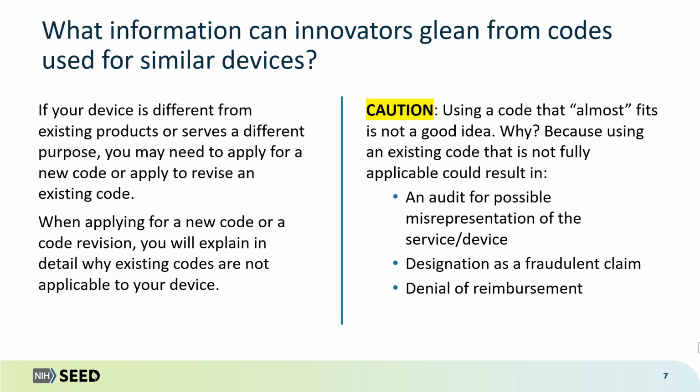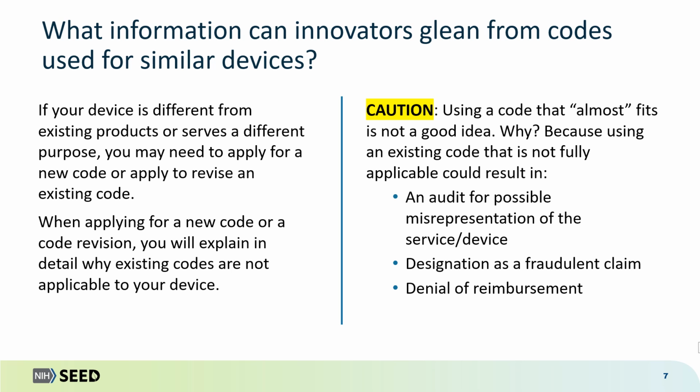If you have found a code that is utilized by similar devices, but your device is different from existing products or serves a different purpose, you may need to apply for a new code or apply to revise an existing code. When applying for a new code or a code revision, you will explain in detail why existing codes are not applicable to your device.